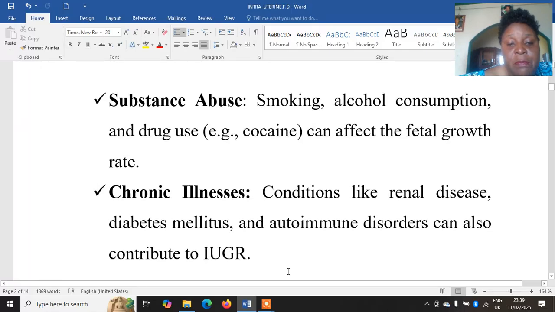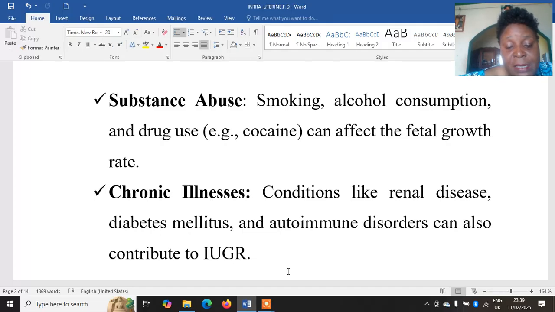Now, when we look at mothers who abuse substances, like mothers who smoke, mothers who take drugs like cocaine, marijuana, etc., just know that all these substances lead to vasoconstriction. Therefore, the fetus itself will be affected.